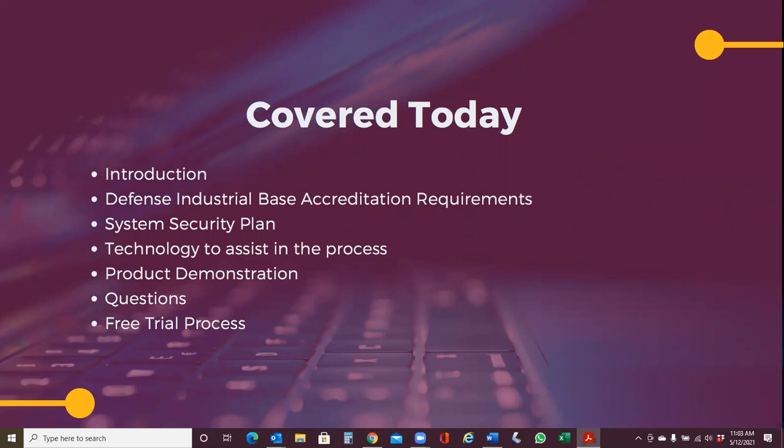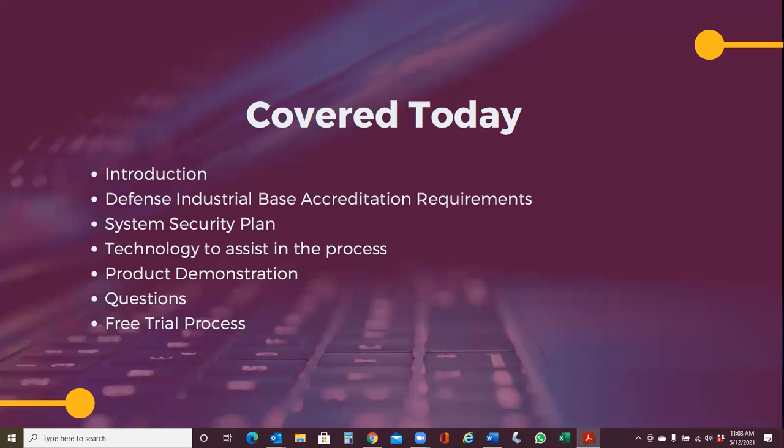And then we're going to focus in specifically on some of the requirements of the system security plan, what that is, what you need to do, and then highlight some other tools provided by SureShield that can help in components of this process as well.